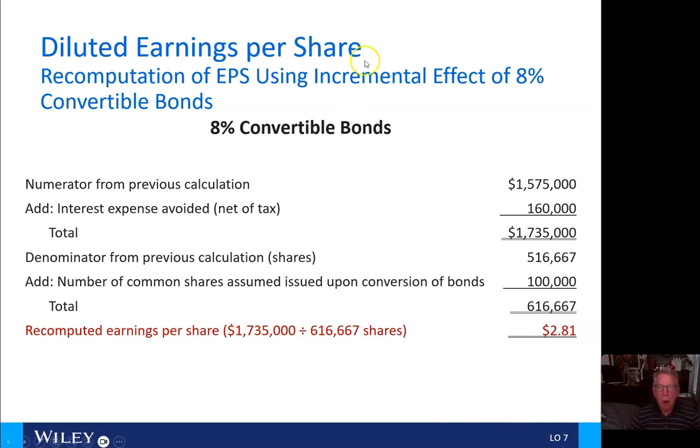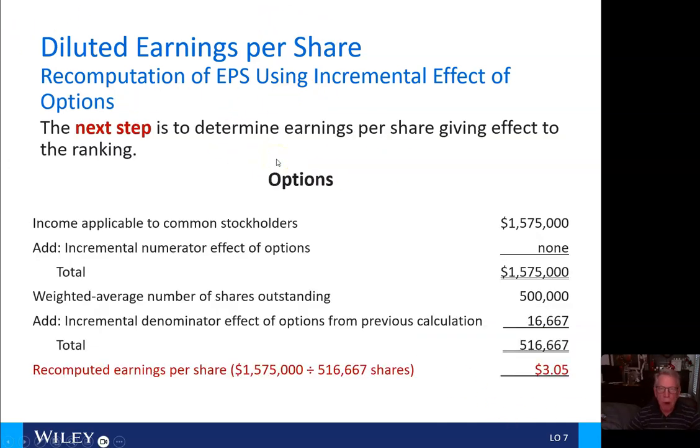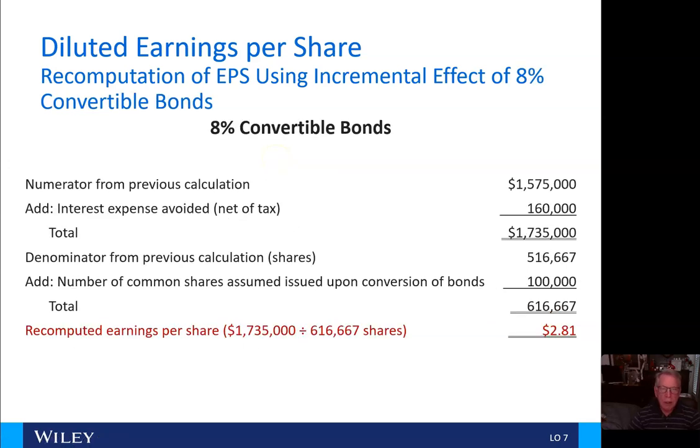All right, now if we do the 8% convertible bonds, this prior one was the options. Now if we do the 8% convertible, we're going to do the same thing here. We'll take interest expense avoided, so we will come down to 1,735,000.